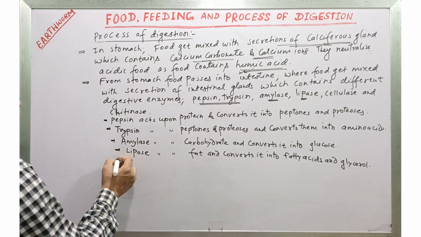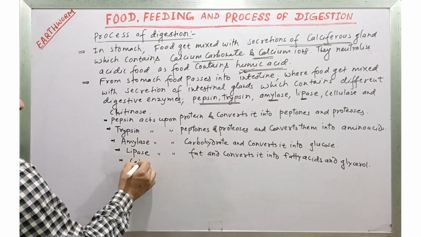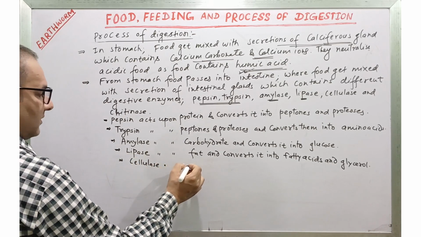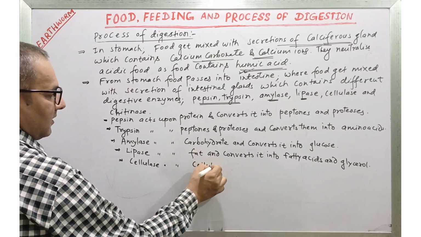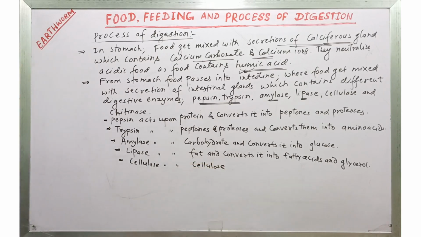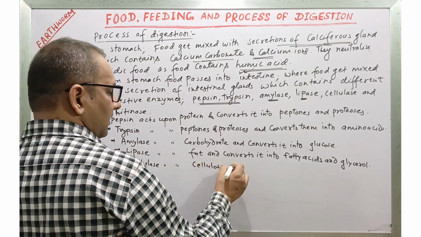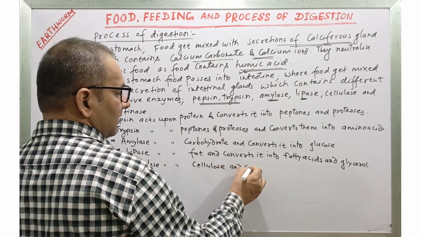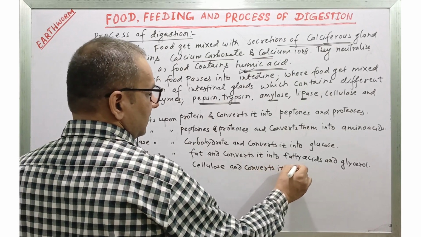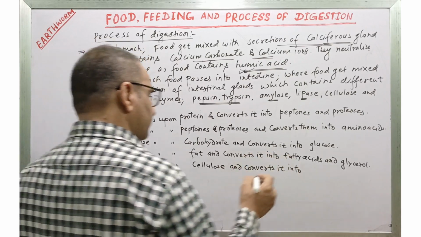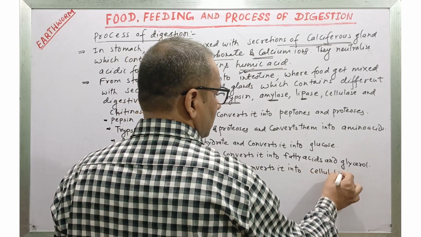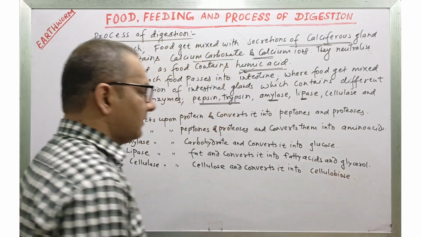In the same way, cellulase acts upon cellulose present in the cell wall of plants and converts it into cellobiose.